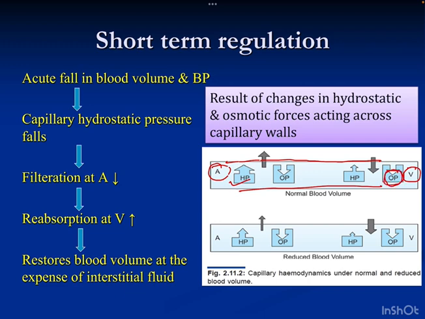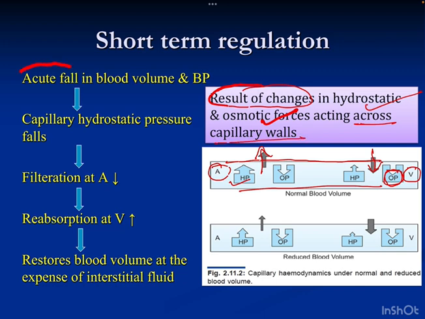So on the arterial side of the capillary there is more filtration, and at the venule side there is more absorption. This capillary fluid shift is the result of change in hydrostatic pressure and colloid osmotic forces which act across the capillary wall.